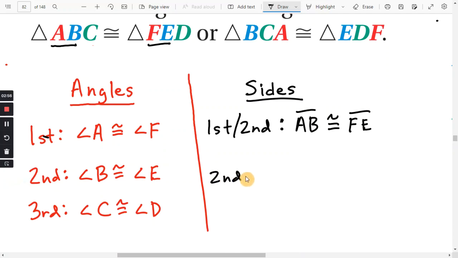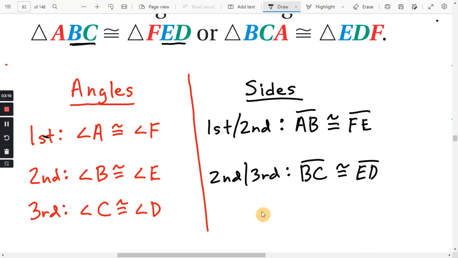Now let's do the second and third letters. So second and third, we have BC matches ED. All right, so BC is going to match ED. And then finally, we can do the first and third, first and last letters, to see which sides are congruent.